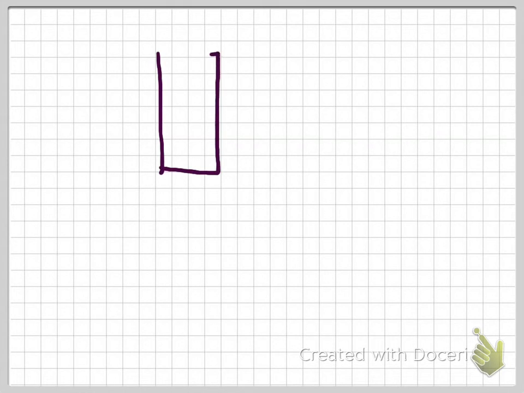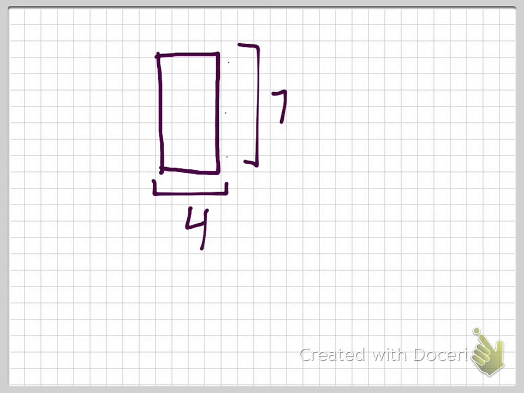So here I can look at my base again, and it doesn't matter that I've changed how the rectangle is oriented and that I have this skinny part down here on the bottom. That's fine. And so my base here is going to be 4 units. And my height, 1, 2, 3, 4, 5, 6, 7. My height up this side is 7 units.